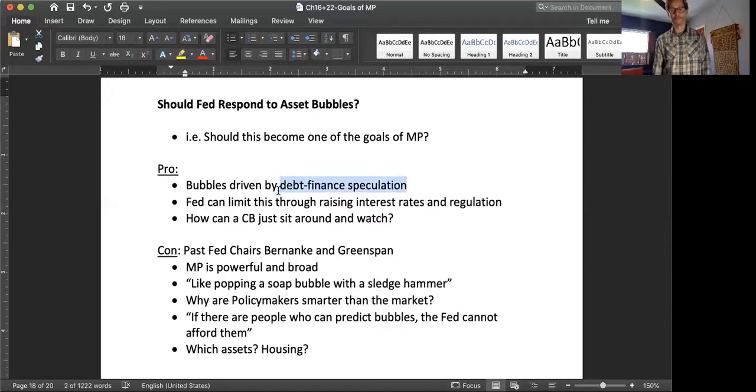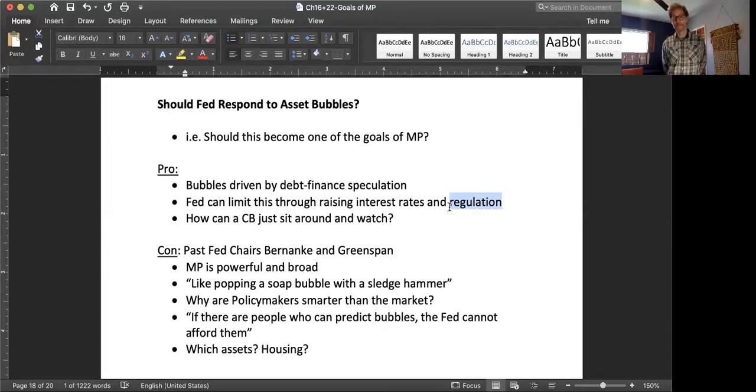And so the Fed could limit this by making sure that it raises interest rates when they see bubbles occurring, and also by being more strict in regulation. In fact, people who believe the Fed should take a bigger role with bubbles really believe in much more about the regulation part of this, that the Fed should really be clamping down on lending and borrowing when they see bubbles taking off.